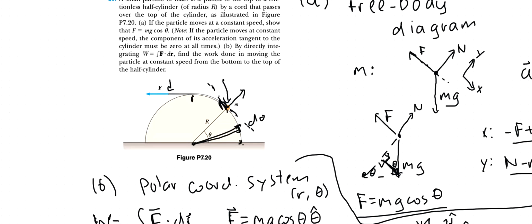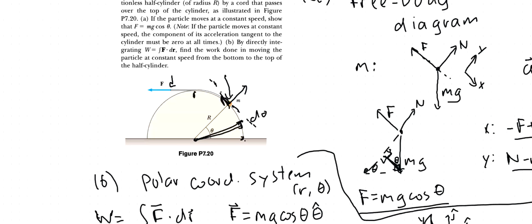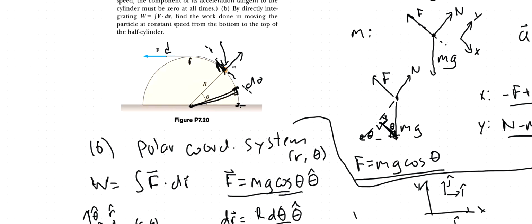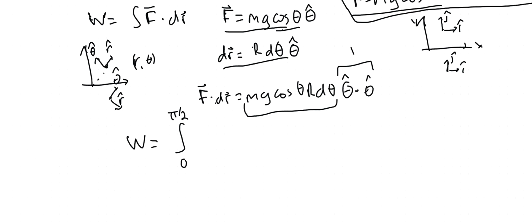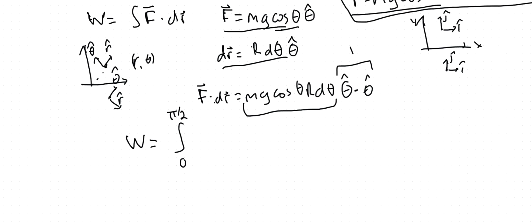So the bottom would be here, the top would be here, and here the angle is 0, and here the angle is pi over 2. So let's do it. We write the F dot dr we just calculated, mg cosine theta R d theta.